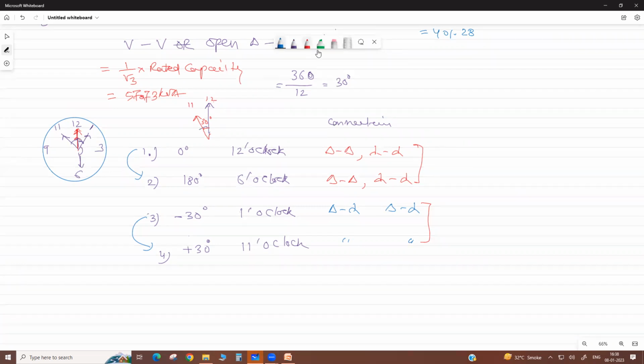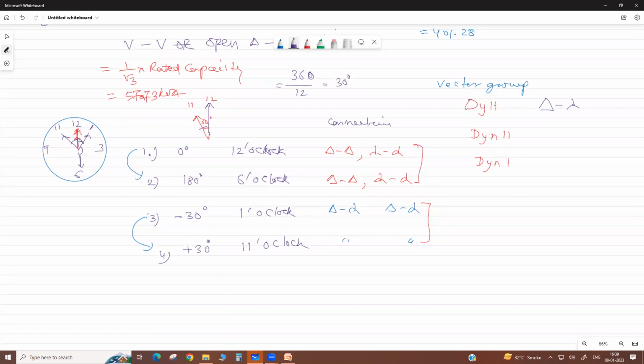Okay, now on your nameplate the vector group is written like, suppose your transformer is DY11, or DYN11, or sometimes DYN1. What does it mean? The first capital letter shows your HT side connection. It is delta connected. It is delta star, and your secondary side LV is connected in star.